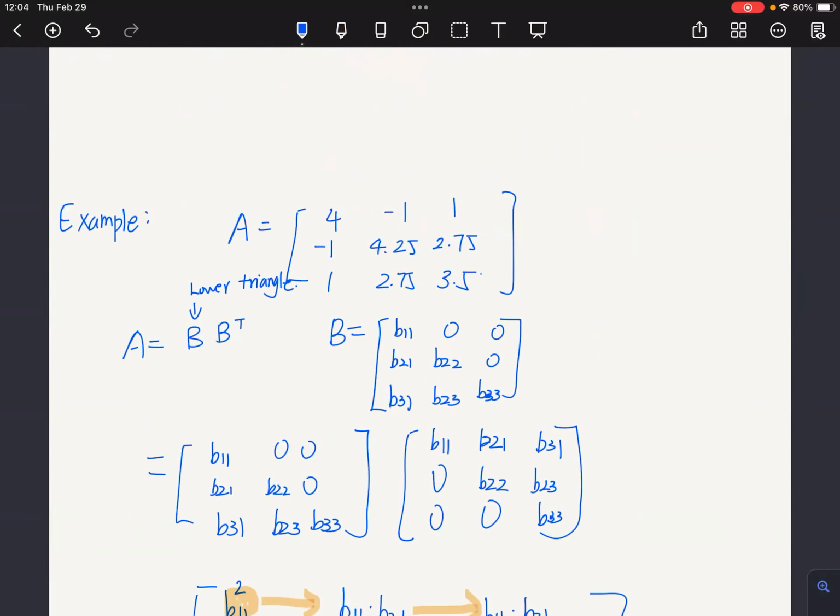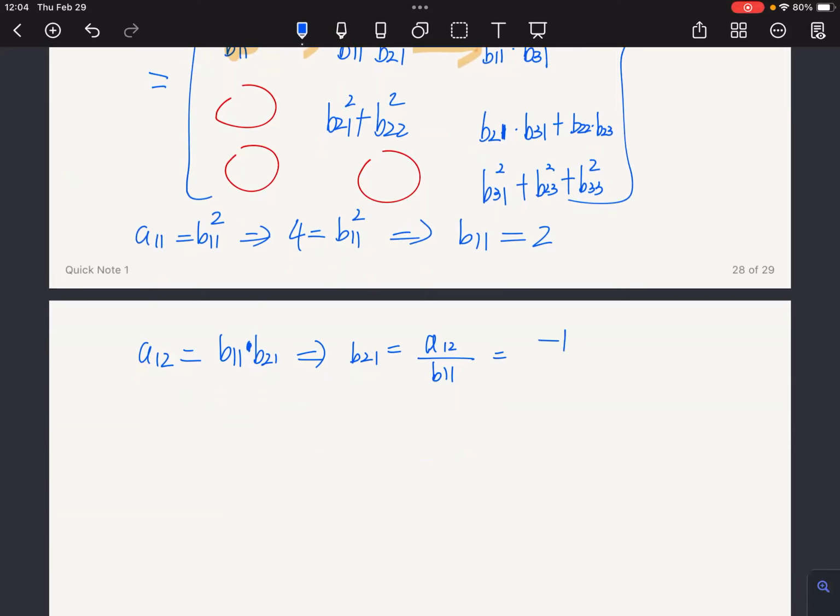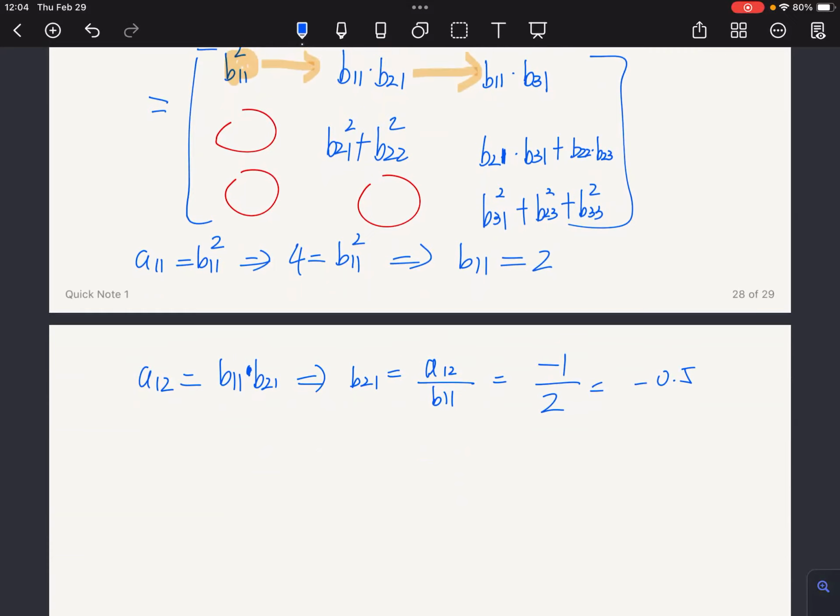A12 is the first row, second column, and that's -1. So let's copy it down. Here we get -1 divided by B11. B11 is something we already solved in step 1, and that is just 2. And so we get -0.5.